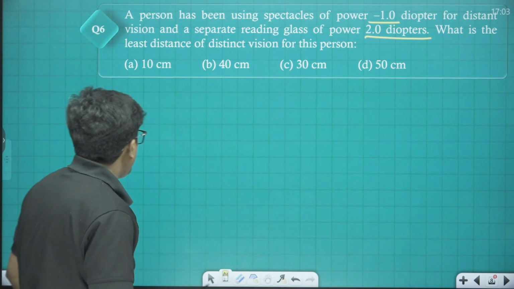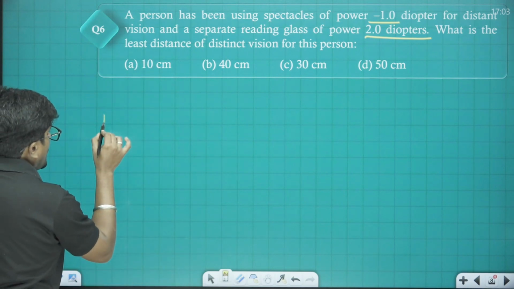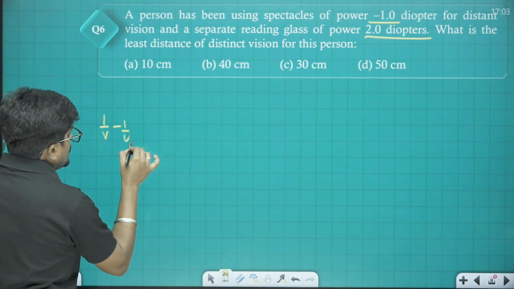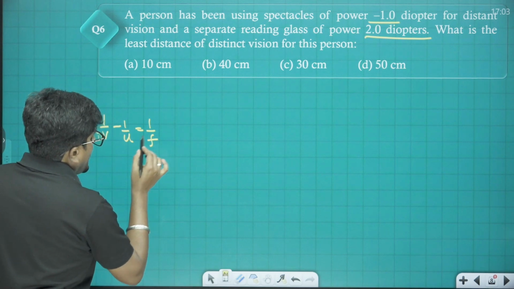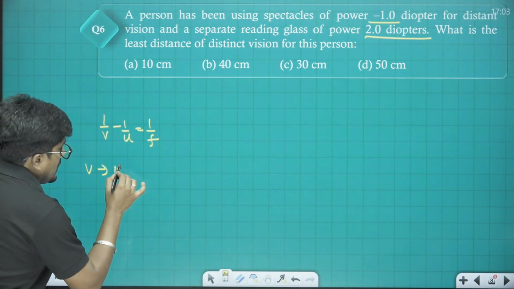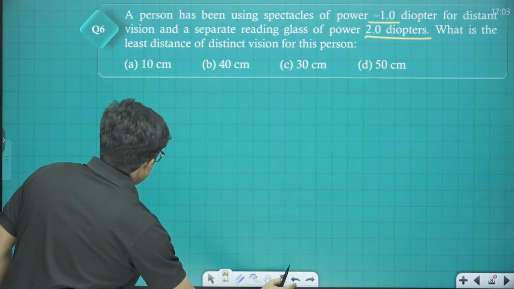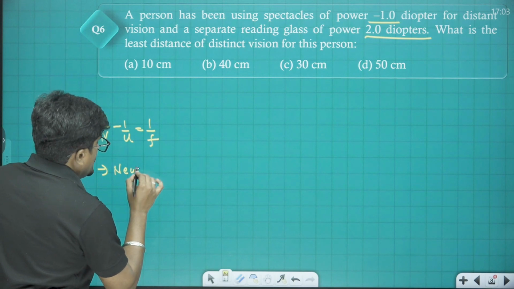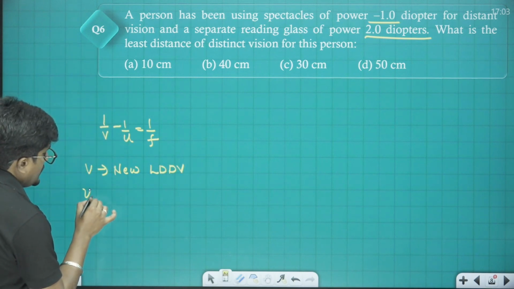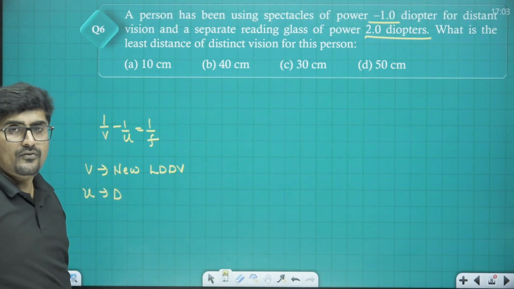All right. So here we are using a lens, so I need to write the thin lens formula, that is 1 by V minus 1 by U equal to 1 by F. Here V is going to be the new least distance of distinct vision, and U is going to be the original least distance of distinct vision.